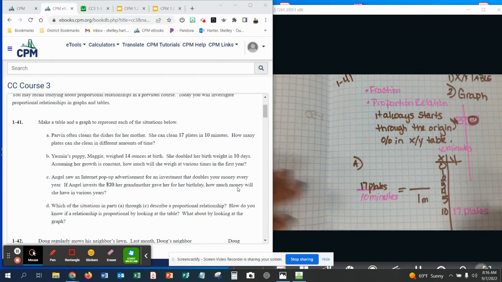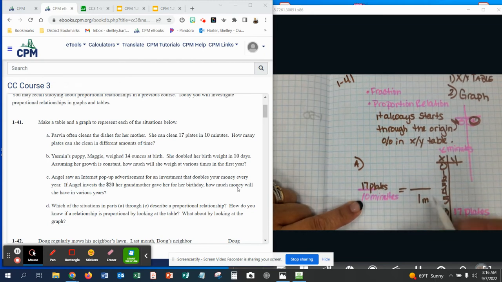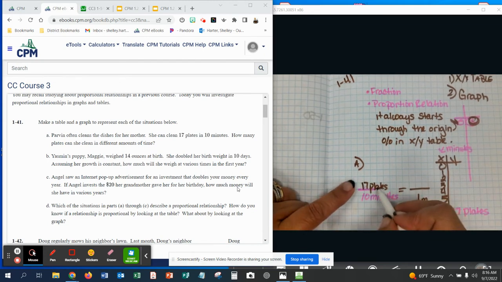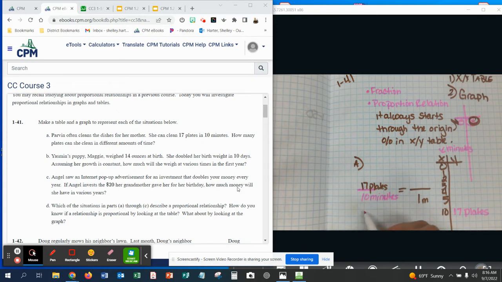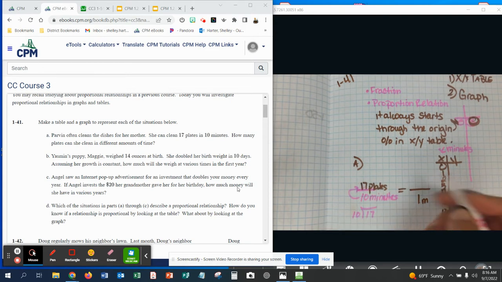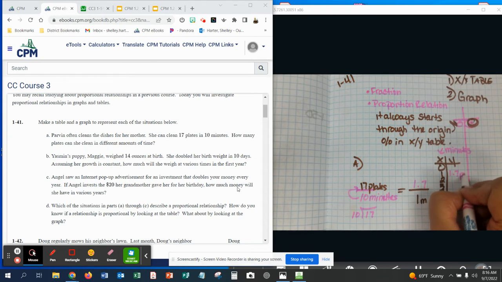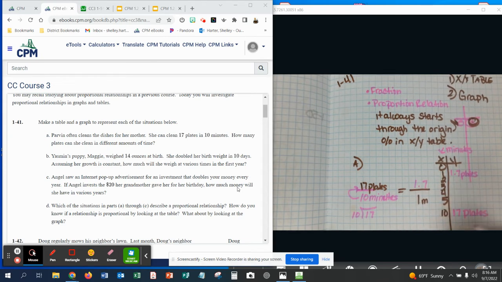When you're looking at something like this, I like to put the X on the bottom and the Y on the top, so I can divide the X into the Y. So I'm just going to divide 10 into 17. What it comes out to is 1.7 plates. So she can do 1.7 plates in a minute. If you gave her 20 minutes, she would do 34 plates.